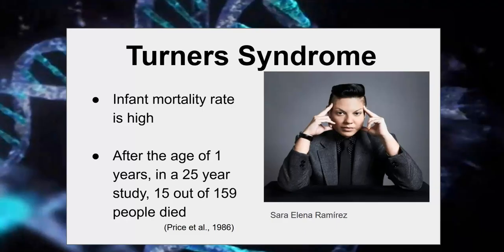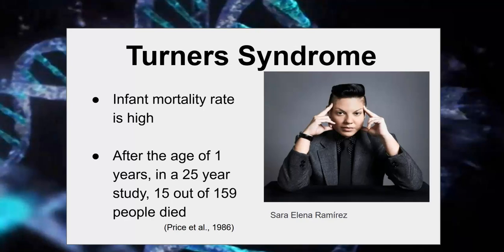Now, the thing with Turner syndrome is it does have an infant mortality rate that is very high. In fact, after the age of 1 year, you are looking at a 25-year study of 15 out of 159 people who died. Now, out of those who survived, there's a famous woman named Sarah Ramirez.